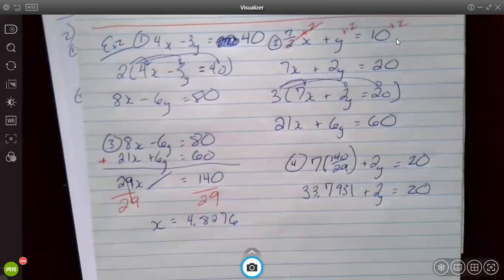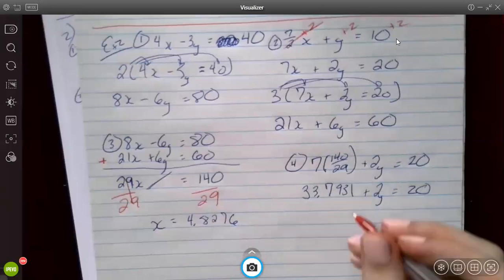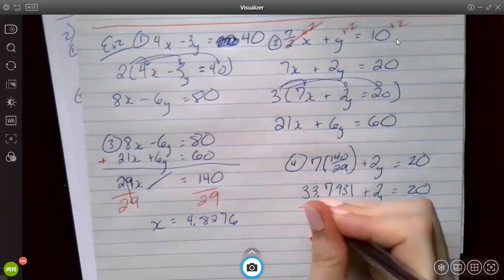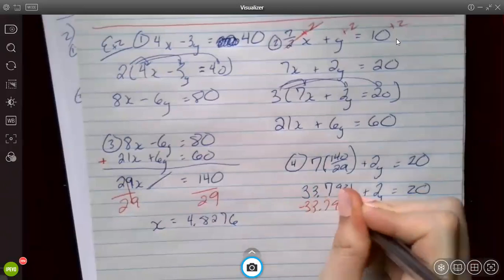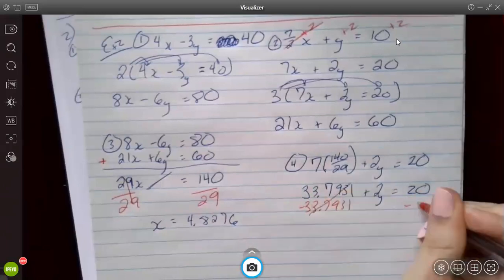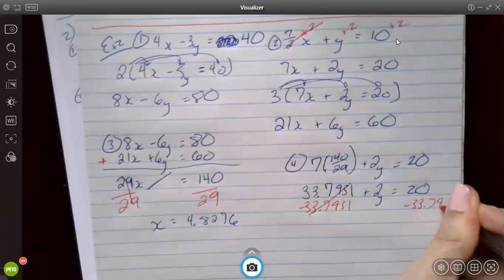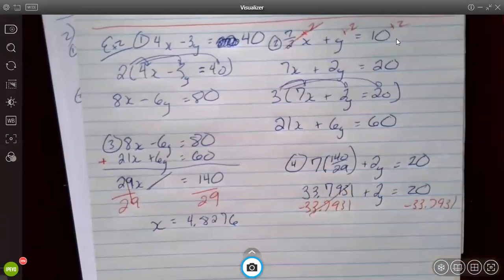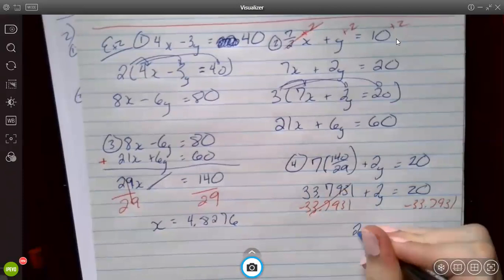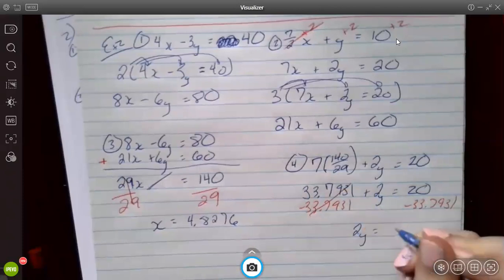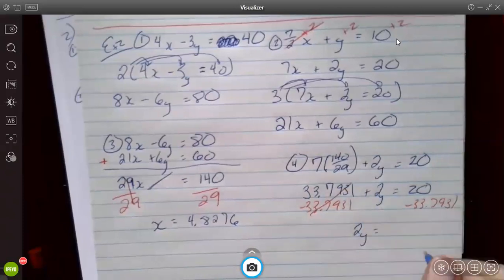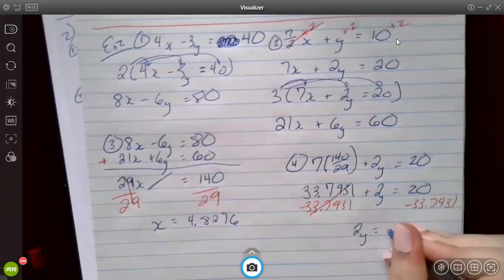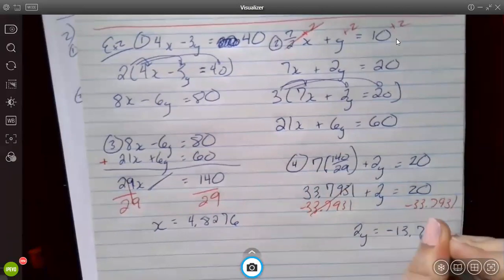And then, of course, I'm going to need to subtract that to get my 2y by itself. And so that will leave me with 2y equals negative 13.7931.